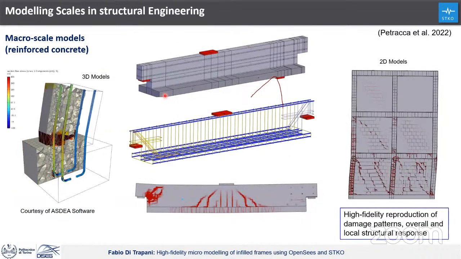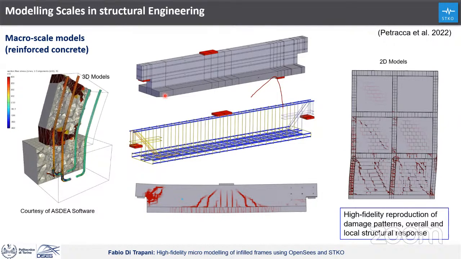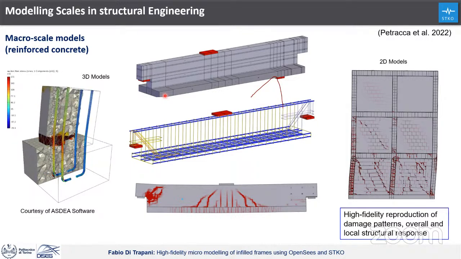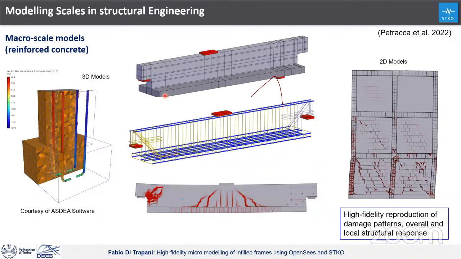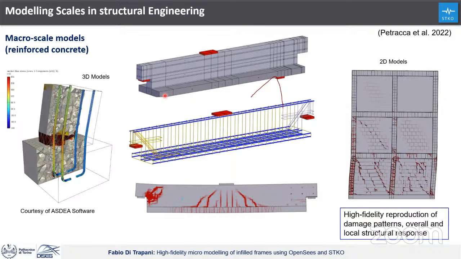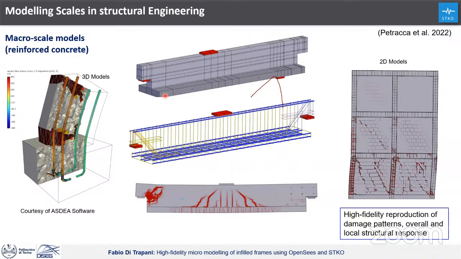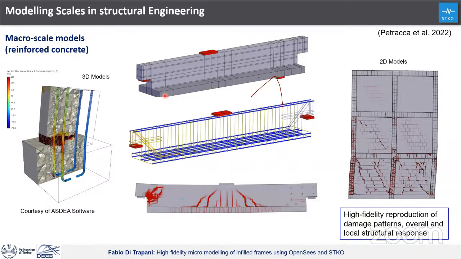Other examples, still taking some pictures from the ASDEA software website, give a very detailed representation of the three-dimensional behavior of concrete and model very detailed phenomena like cracking and bond slip, or reproducing very specifically the effect of reinforcement detailing on the cracking pattern. 3D concrete models are necessary for us.